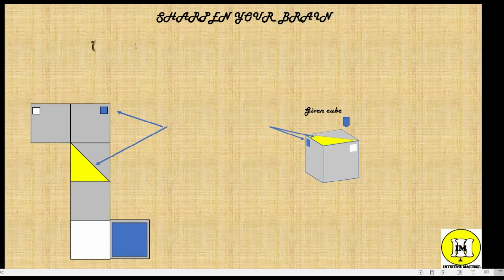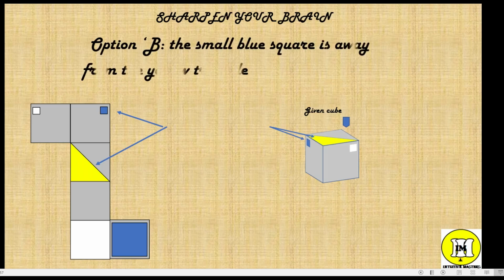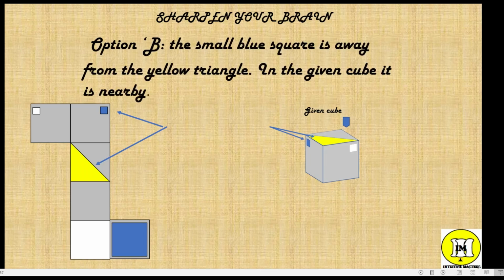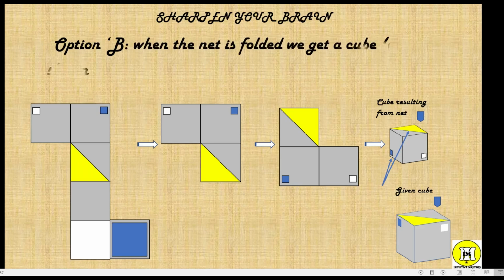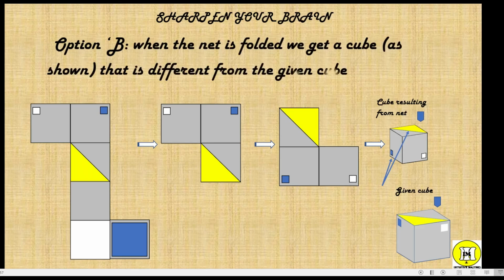Option B, the small blue square is away from the yellow triangle. In the given cube it is nearby. Option B, when the net is folded we get a cube, as shown, that is different from the given cube.